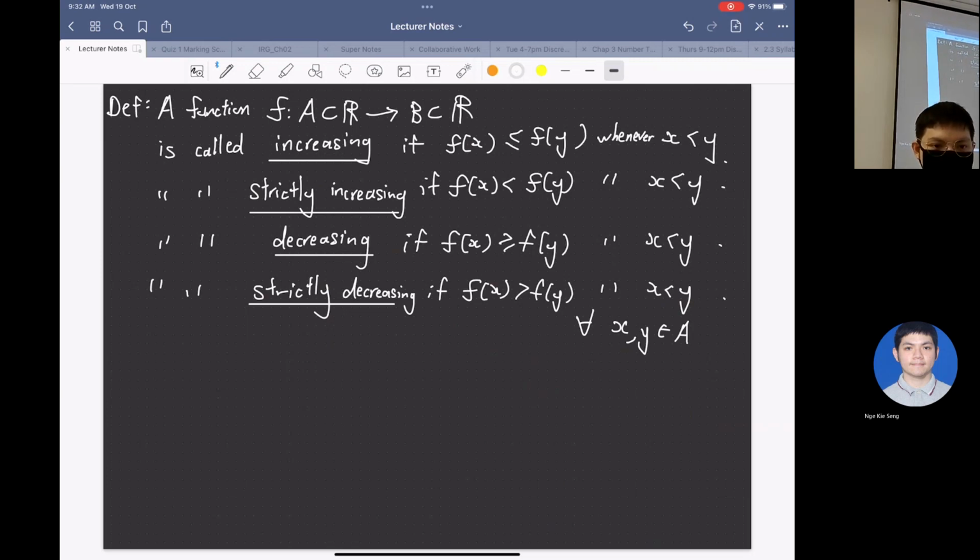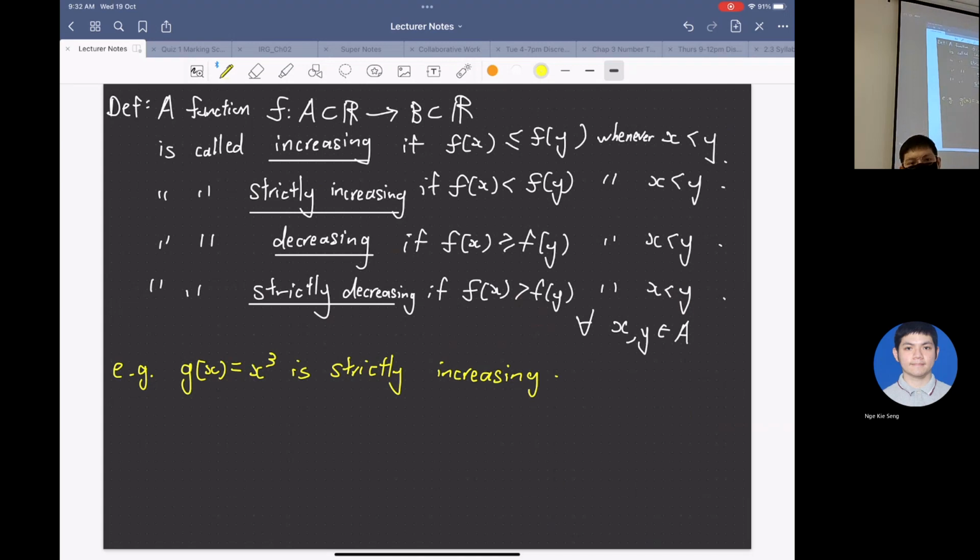So for example, we can show that g(x) equal to x cubed is strictly increasing. To show this it is convenient to prove by cases. So I break into positive, non-negative, and negative parts, because for these two parts the algebra is different.